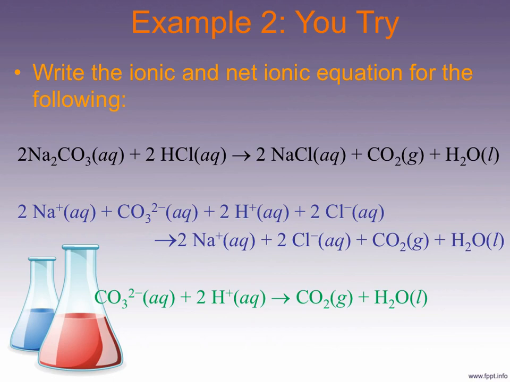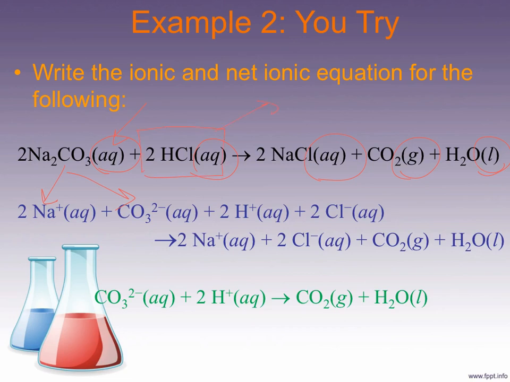All right, so I was nice here again and told you whether things are soluble or not. Now, this one's a little different, so if you made mistakes, don't worry about it. If it is a soluble ionic compound, you dissociate it, okay? So we have 2 sodium cations and 1 carbonate. And now this is a little different.